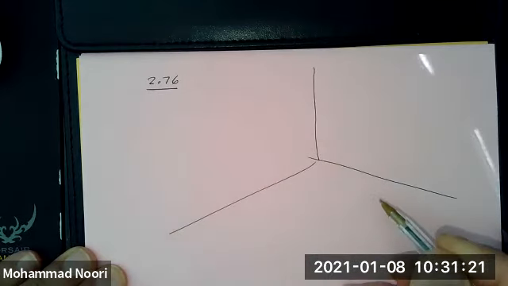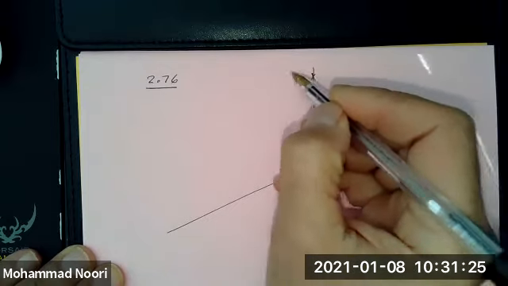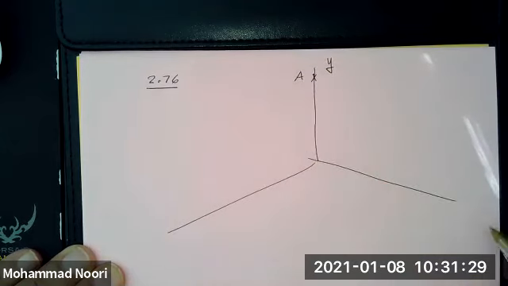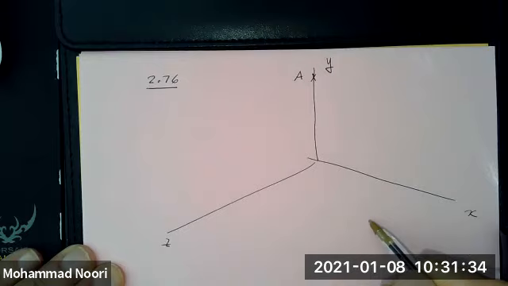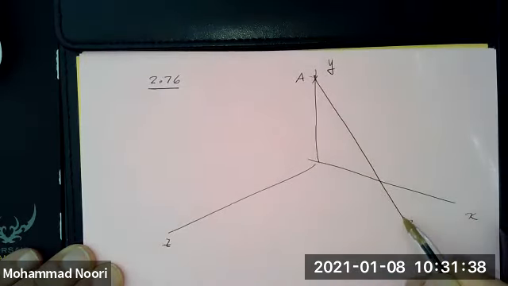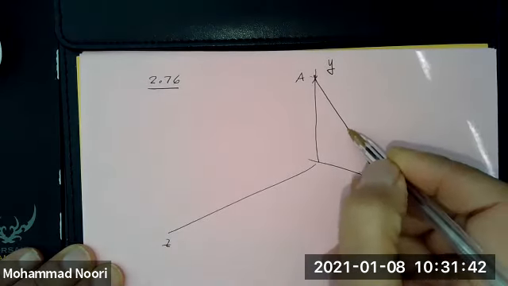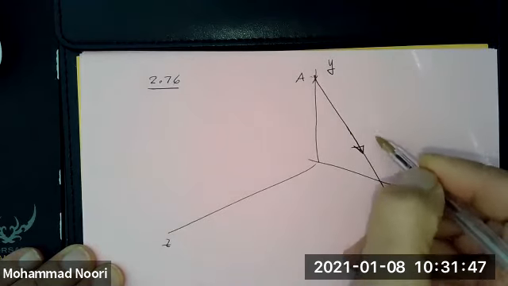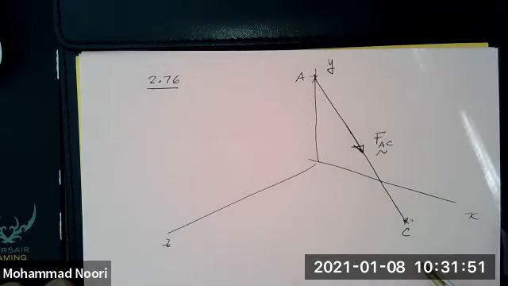You do have a cable that is attaching this point A along the y-axis to a point C here on the xz plane. And the problem states that the force is given, a force AC that acts along this direction.